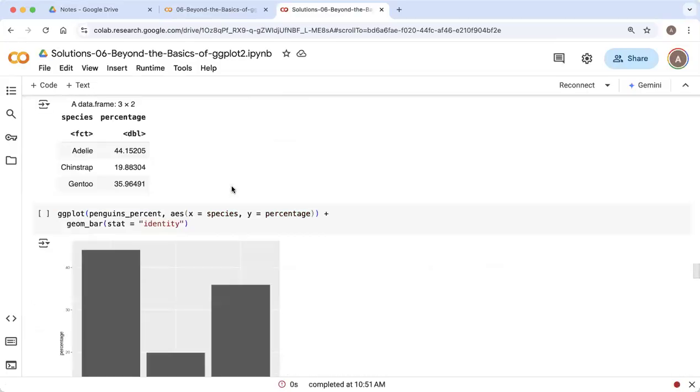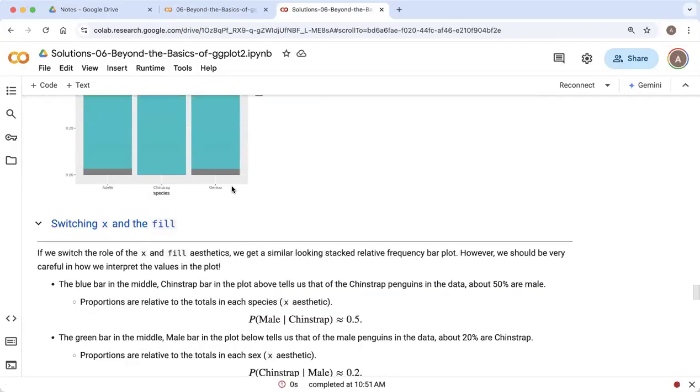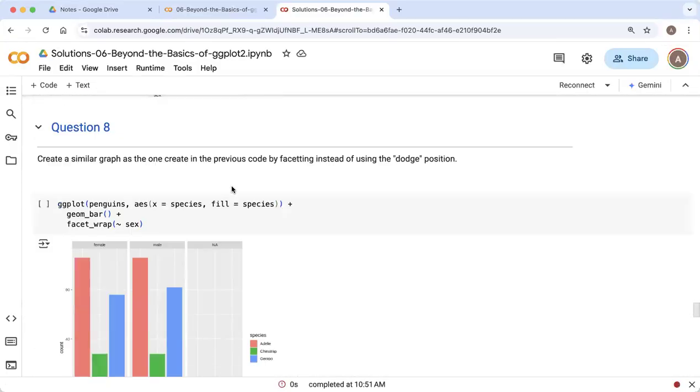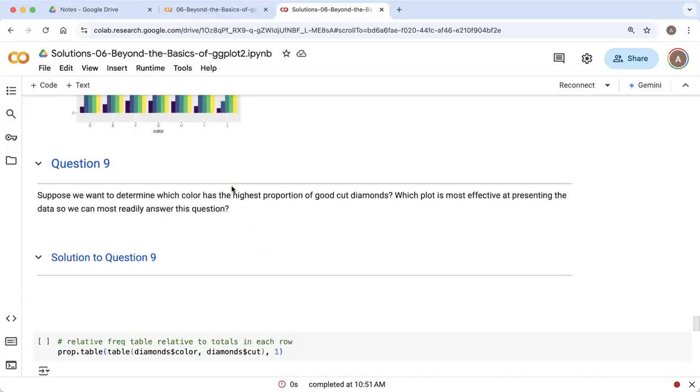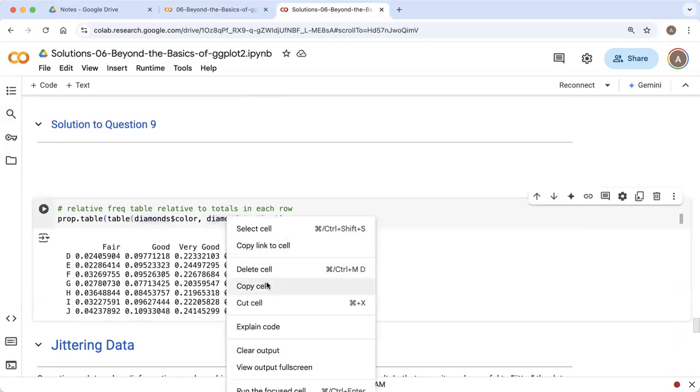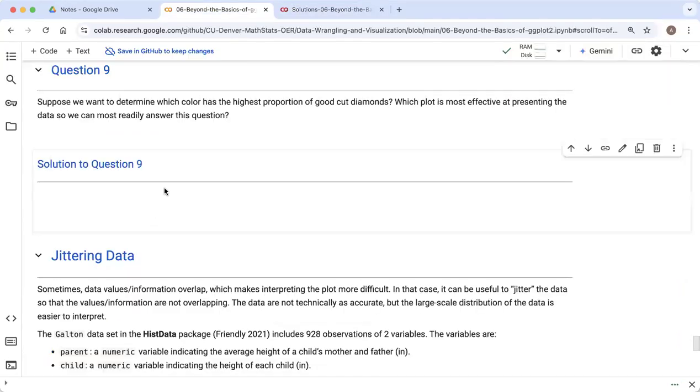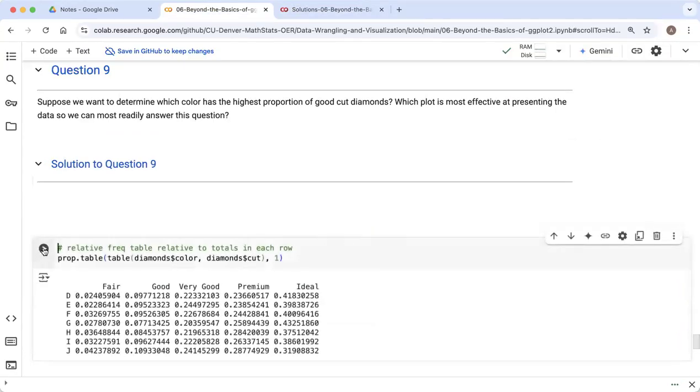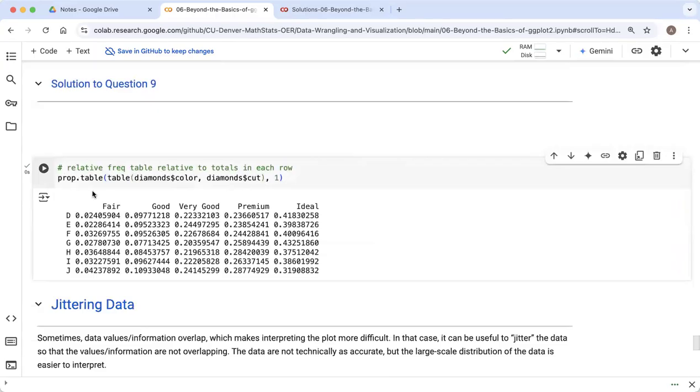Let me compute these tables. I'm just pulling this out of my solutions over here. So this is going to create a proportion table. This option 1 just means we're going to calculate these proportions relative to the totals in each row. So here's our good.